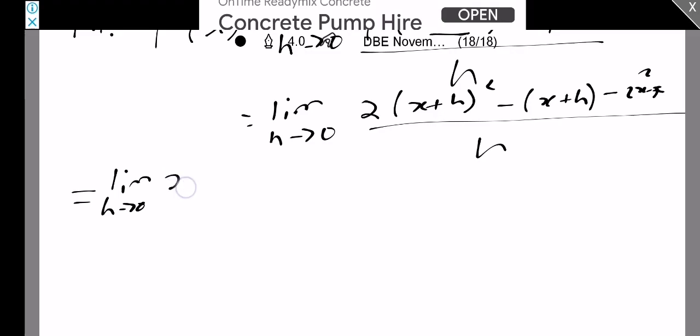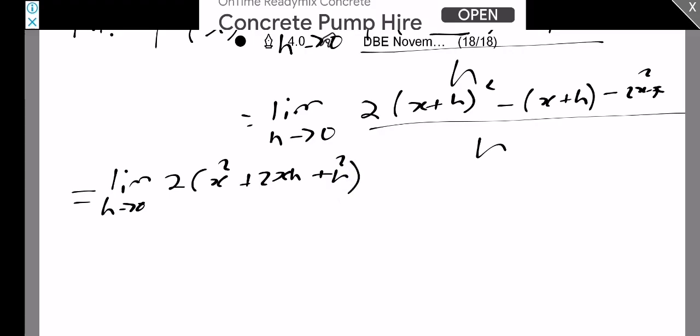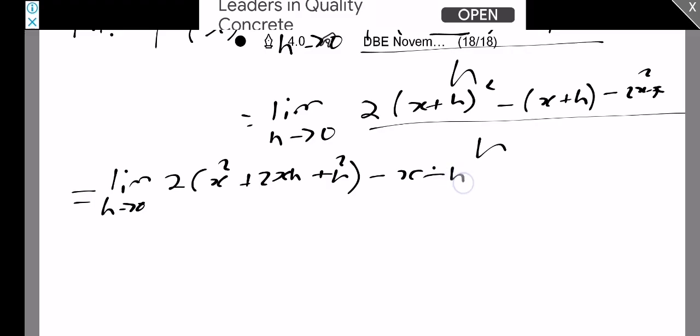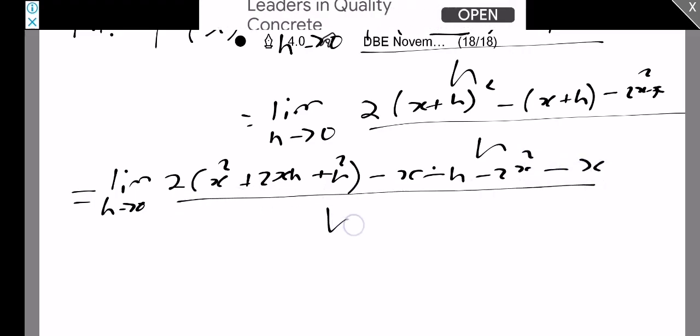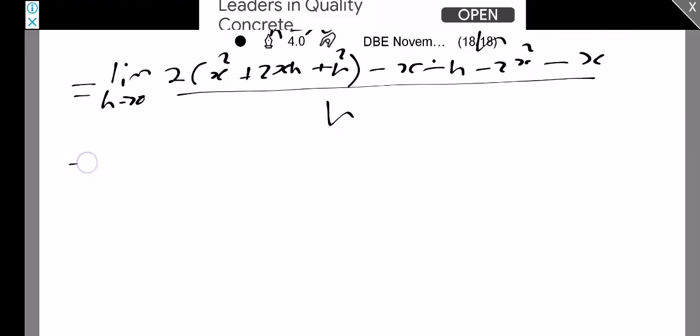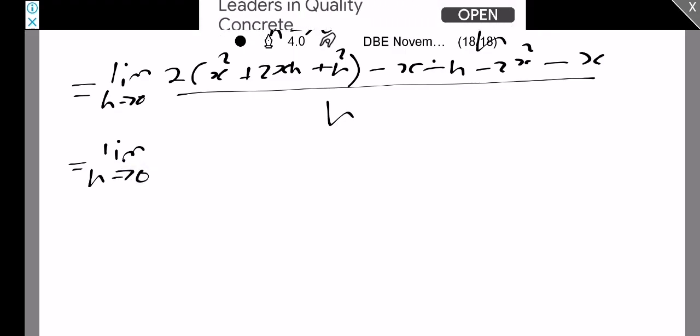It's going to be 2 into x squared plus 2xh plus h squared, then minus x minus h minus 2x squared minus x all over h.